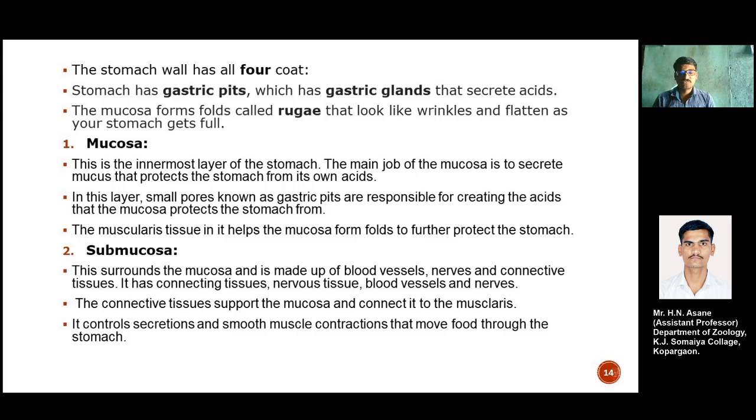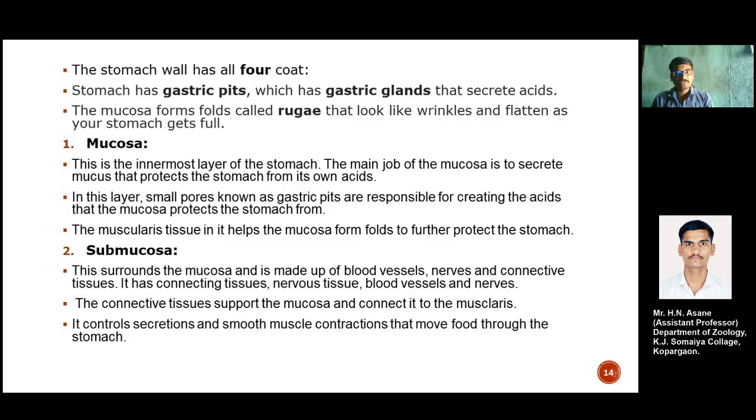Some of the smooth muscle fibers of the layers enter the lamina propria between the glands. We will see what types of glands the stomach has. Generally there are the gastric or fundic glands, pyloric glands and cardiac glands.